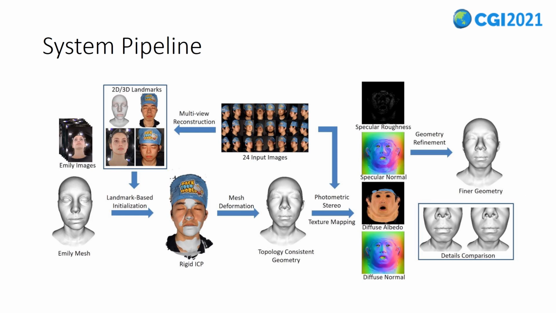Rather than trimming away the extraneous surfaces manually, we build a topology-consistent mesh automatically by utilizing non-rigid mesh deformation techniques. After obtaining the consistent coarse mesh, we adopt photometric stereo algorithms to calculate the detailed normal maps and material information. The consistent coarse geometry is finally optimized to add more details.